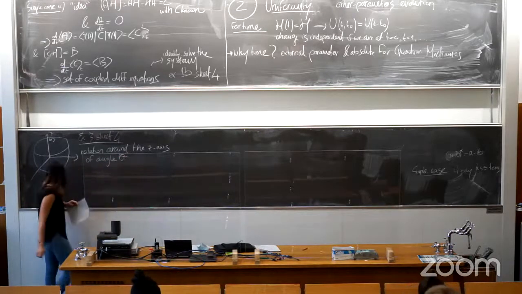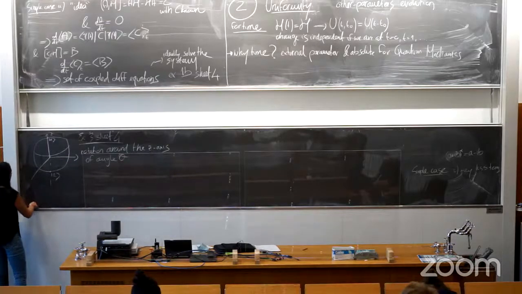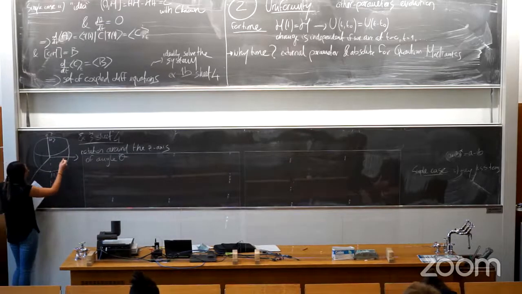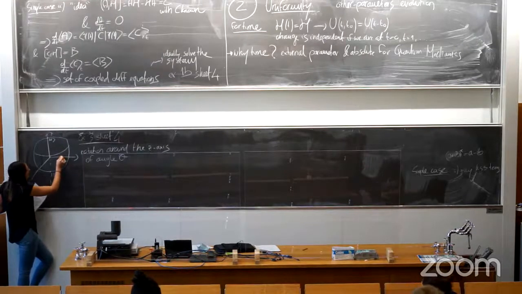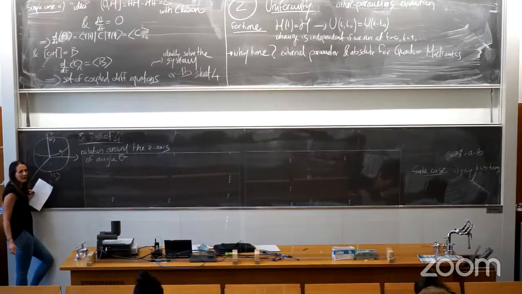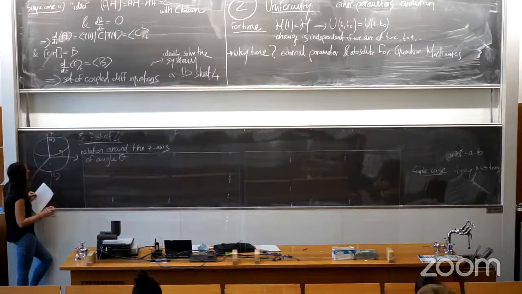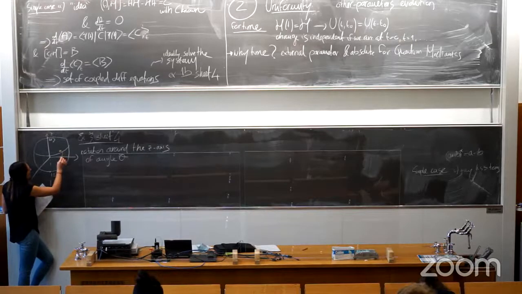And as you probably know, a rotation around the z-axis of angle theta, we always look at counterclockwise. So this is the geometry, or direction. So if we have a state here and we rotate it, then it will come here, and this is exactly theta.